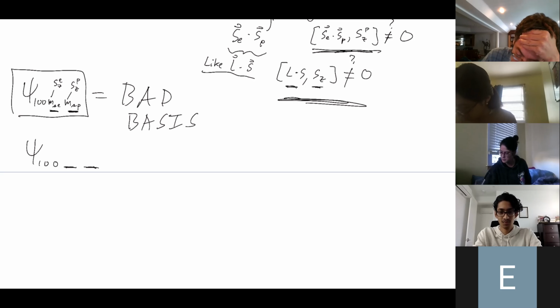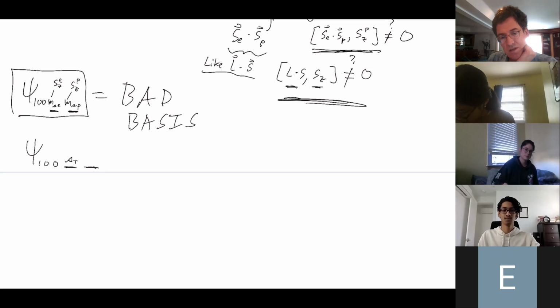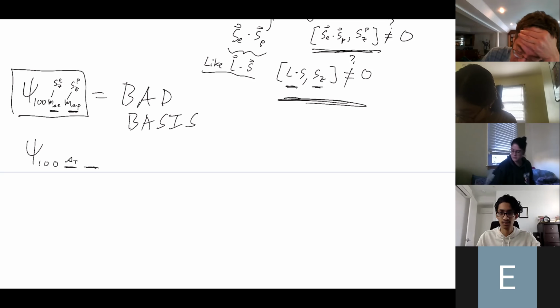Let's write it like this. S total. And what goes here? What's the next one? The z component? Exactly.